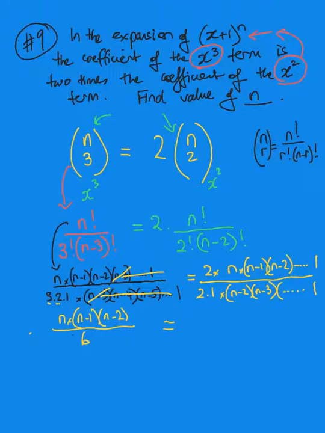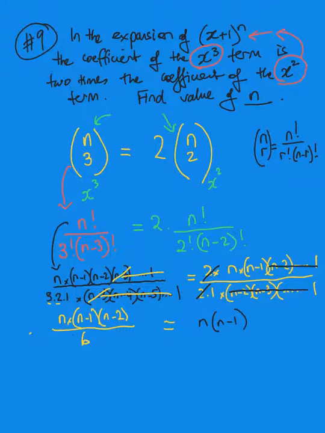And on this side, we can get rid of n minus 2 and beyond, and this 2 can cancel out. So now we only have n times n minus 1 on this side. Now it's looking a little bit tidier.